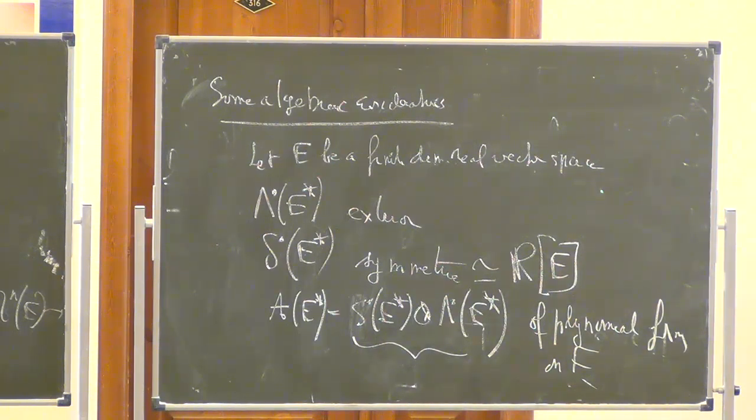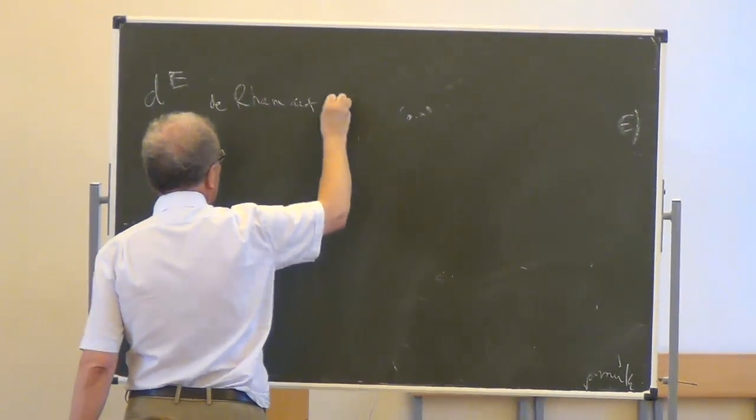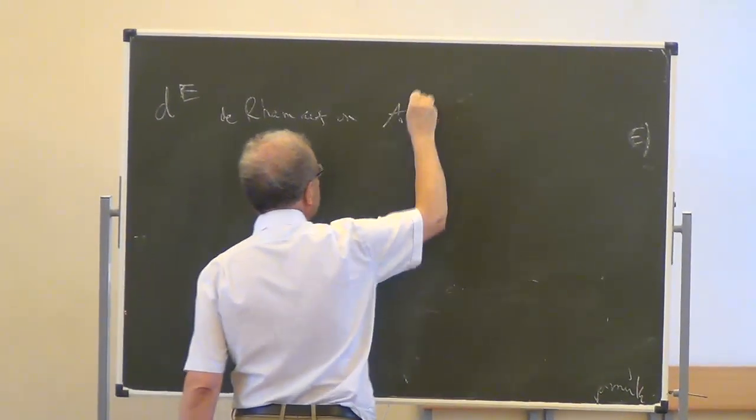So let me introduce the de Rham operator D, and so it acts on this A of E star.